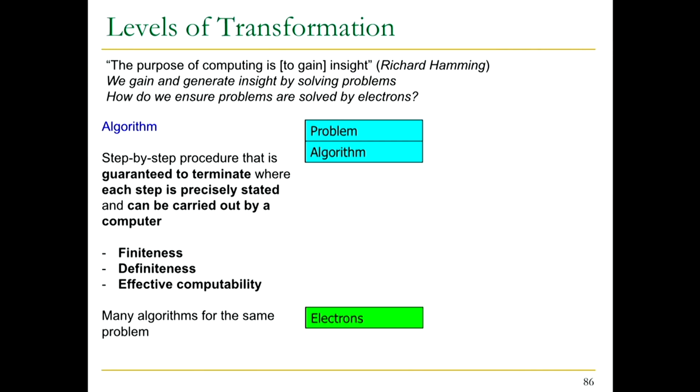One of them may be flying over there from here. And as long as I can ensure that these are satisfied and effectively computable, for example, I don't think jumping over there is effectively computable, at least by me. Maybe by someone else. So that's an example of effective computability. So you need to guarantee these, but these have different implications.